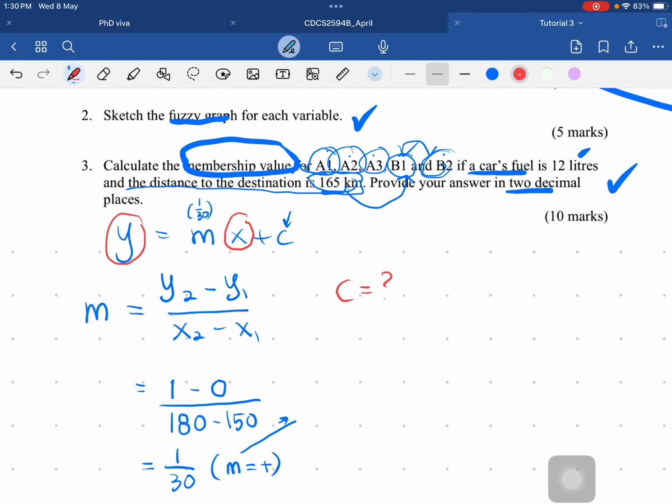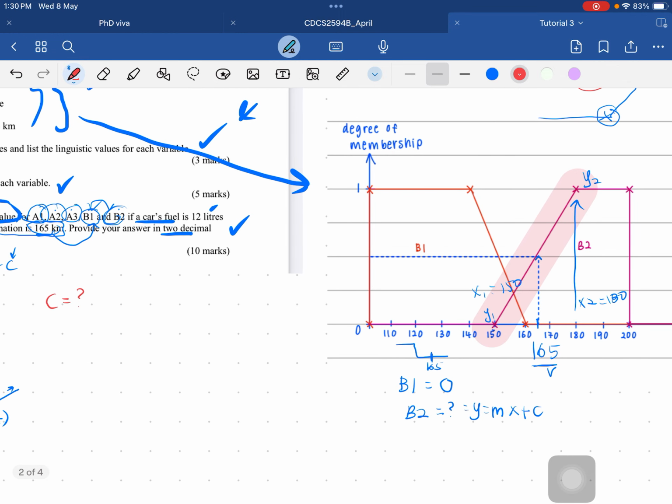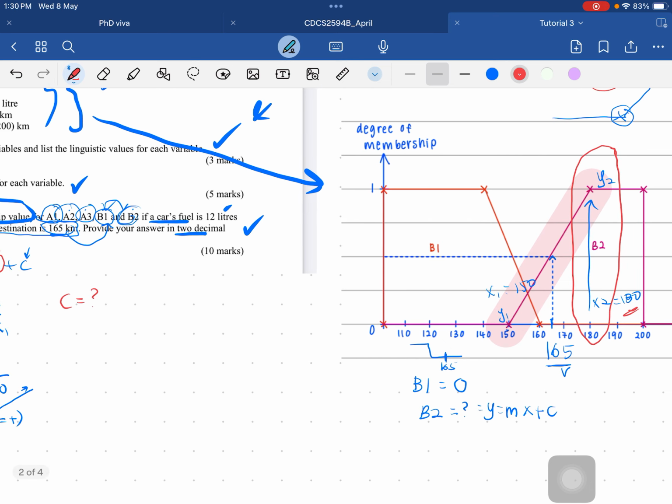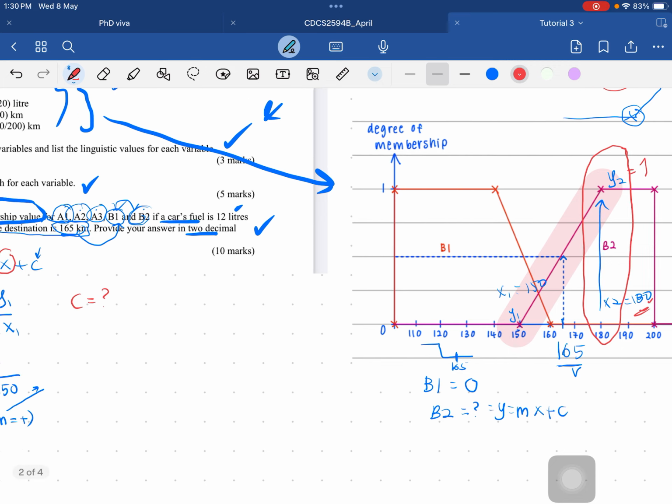Meaning that you can get the c by replacing the values of x and y using this point. Okay, meaning that your x would be 180 and your y is equal to 1 here.